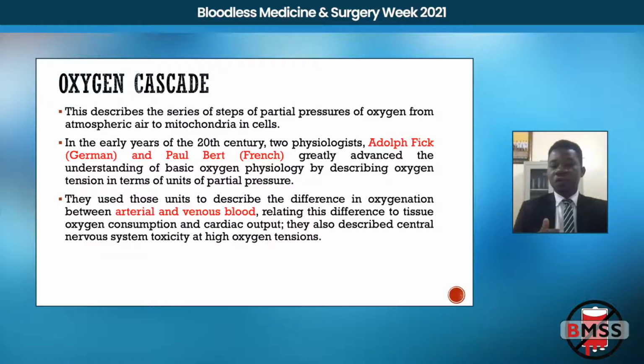They used those units to describe the difference in oxygenation between arterial and venous blood, and that defines oxygen transport. They also helped us to understand that if oxygen is given at a very high concentration for a very long time, it can lead to some toxicity.